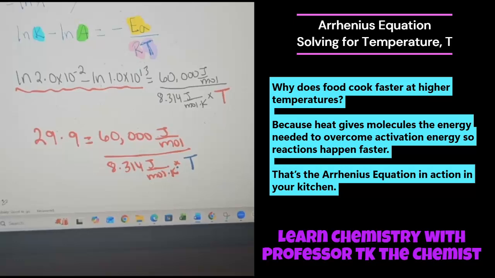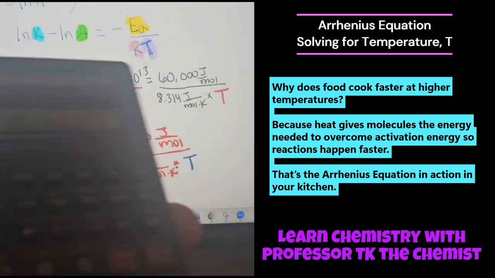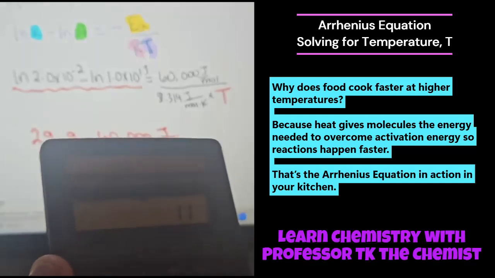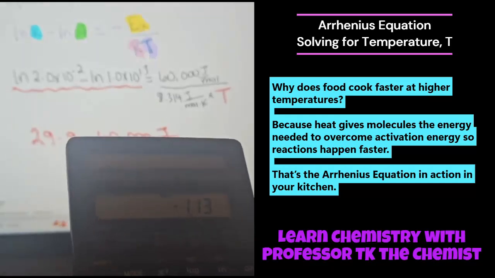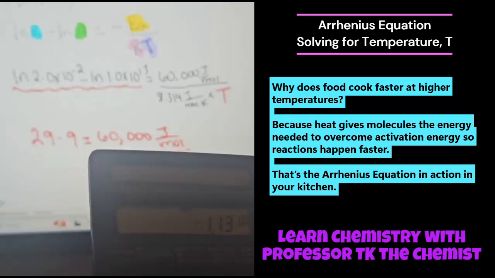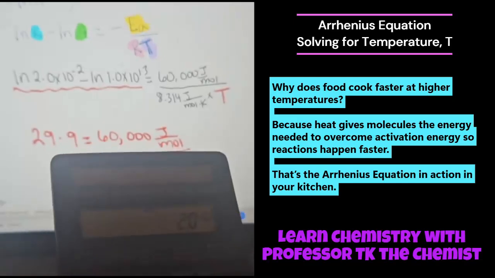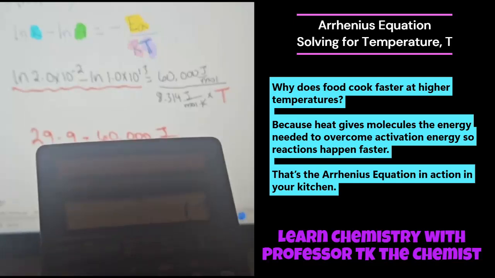Okay, definitely not. What you have to do is take that negative sign off and then hit the natural log button. Because remember earlier it was like 1.13 times 10 to the, let me go back. Let me see what it was before. 2.0 times 10 to the negative second minus 1 times 10 to the 13th.